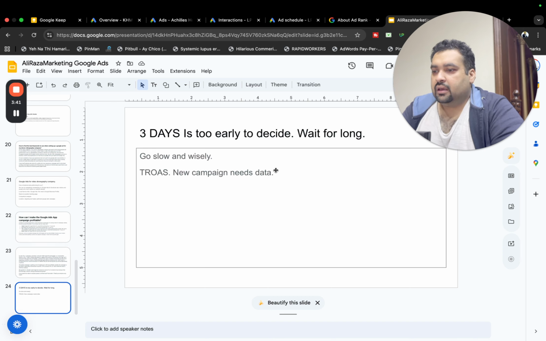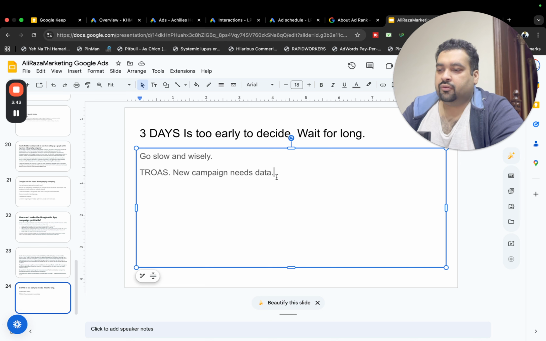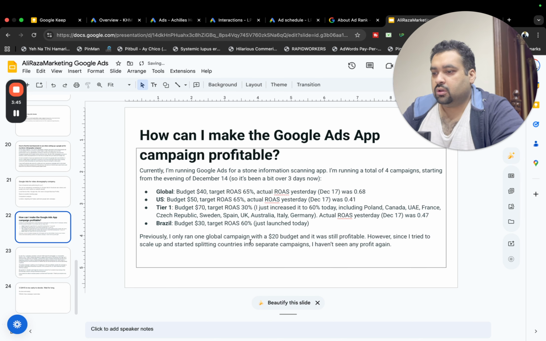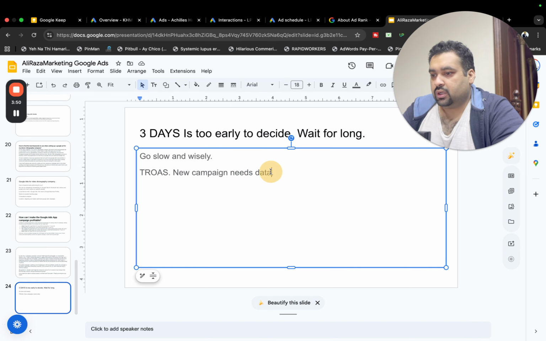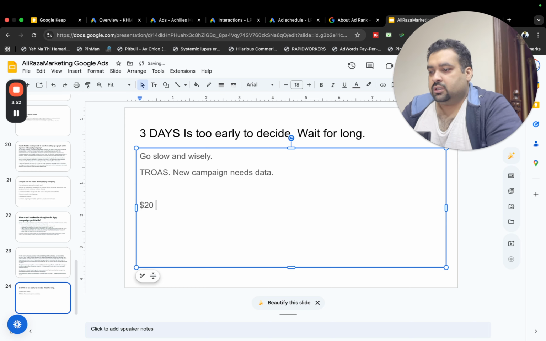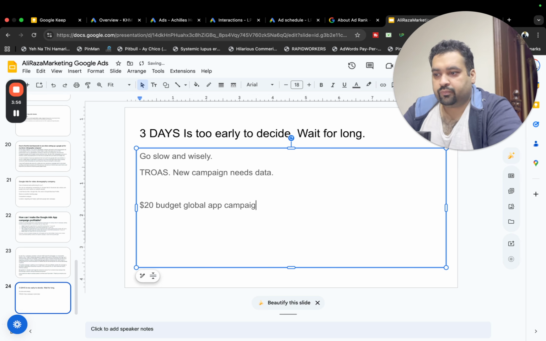And regarding the campaign which was working well, the global campaign with a $20 budget, I think we can spend more on that.